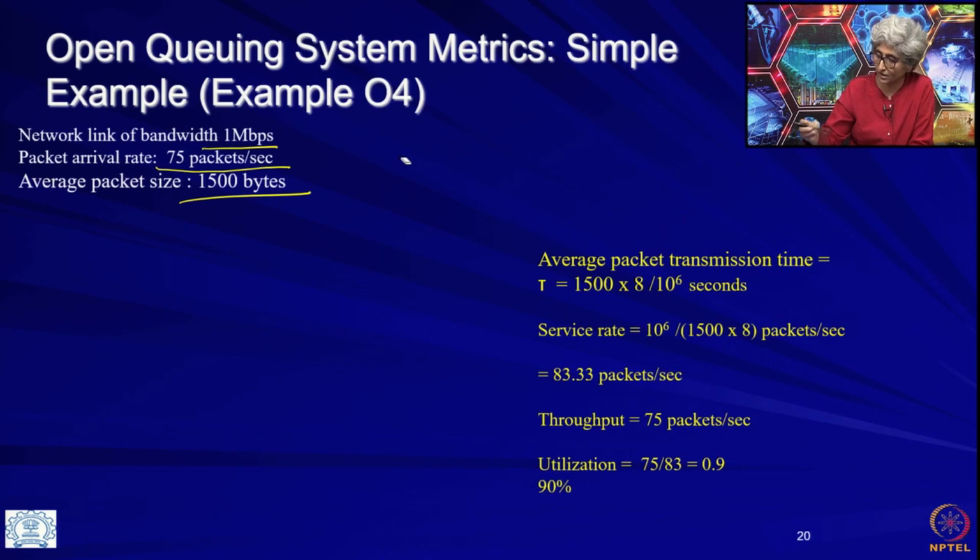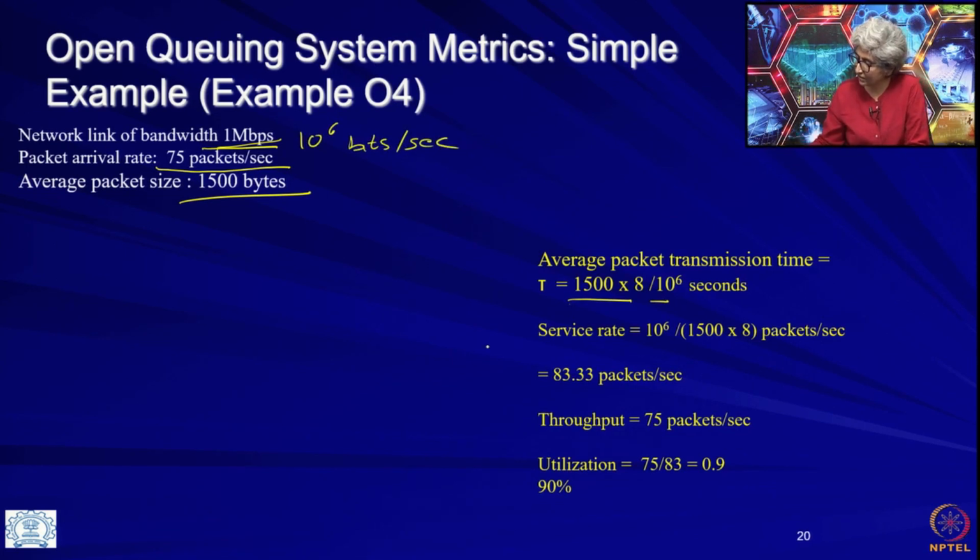We can first calculate the service rate in terms of packets per second. So, what I am doing here is first I am calculating the average packet transmission time, which is going to be the size in bits divided by the bandwidth in bits, right. 1 Mbps is 10 to the 6 bits per second.